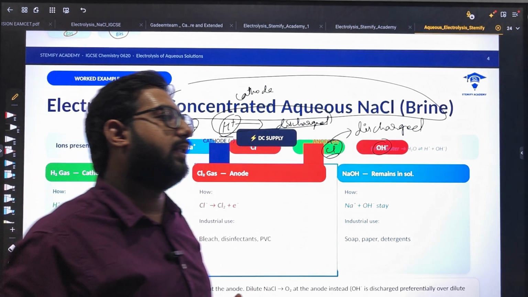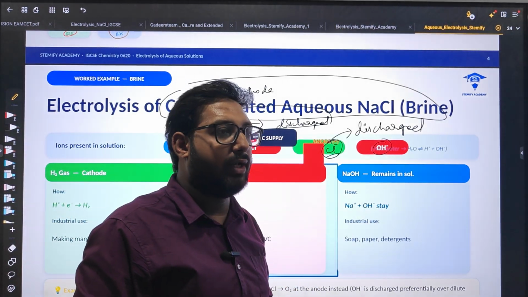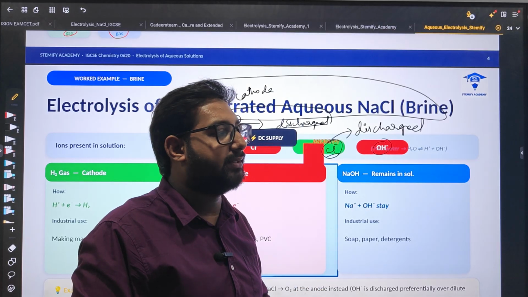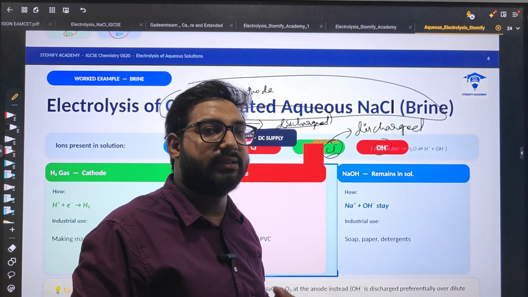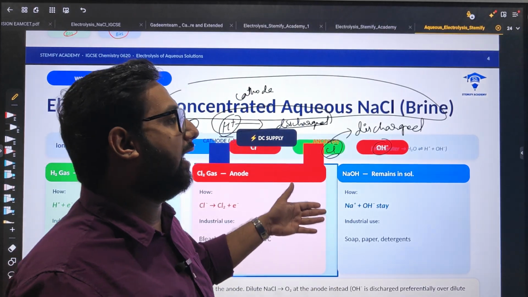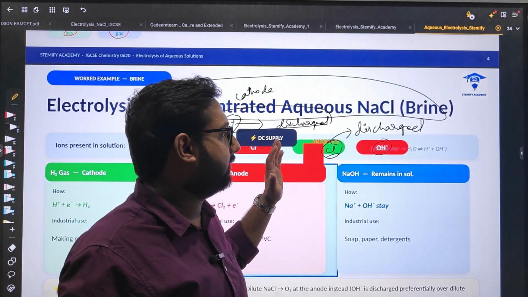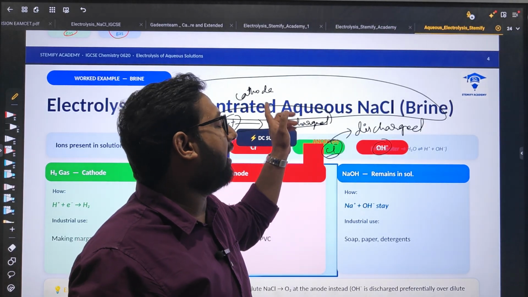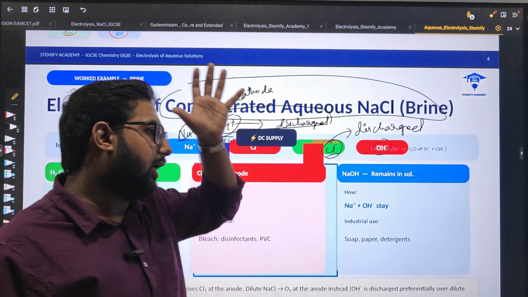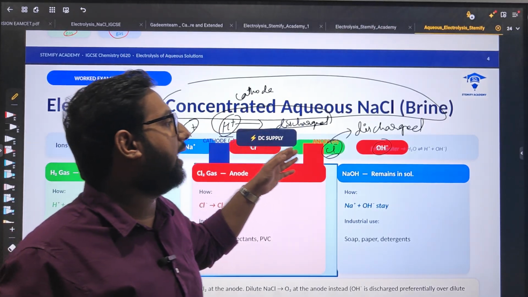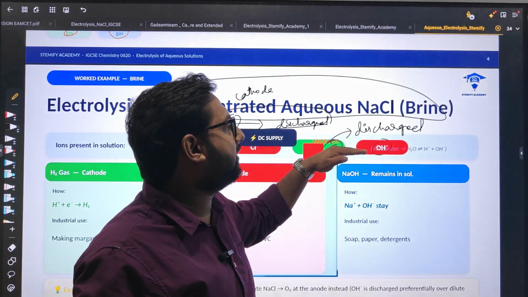If chlorine, bromine, or iodine ions are present and the solution is concentrated, you get halogen gas. Because we have chlorine here and the solution is concentrated, the halogen gets discharged.